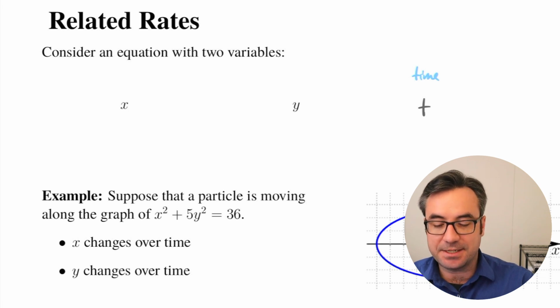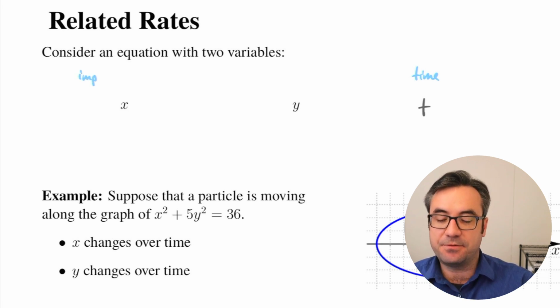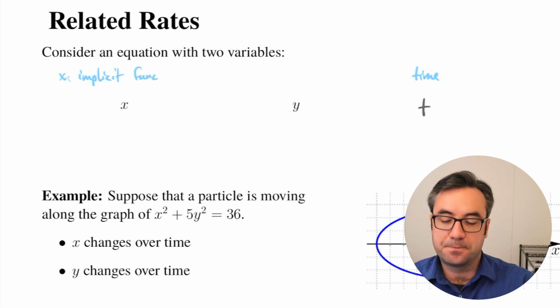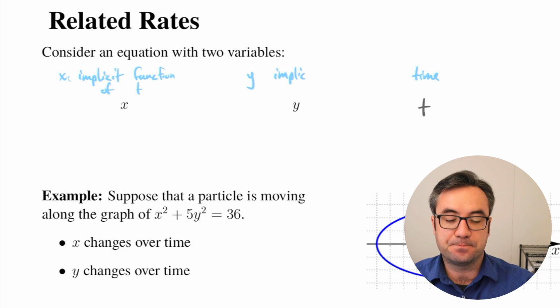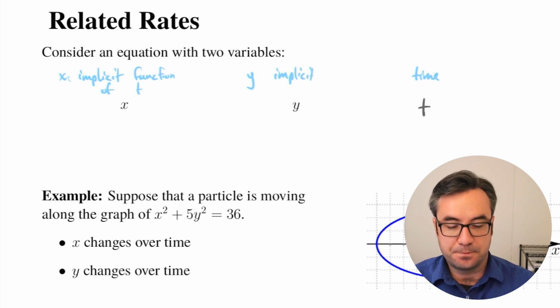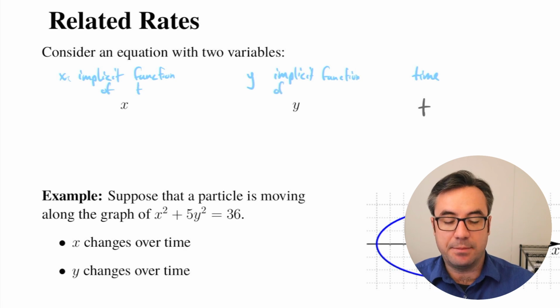We're going to treat x as an implicit function of t, and we're going to treat y as an implicit function of t. Or think of it as time.